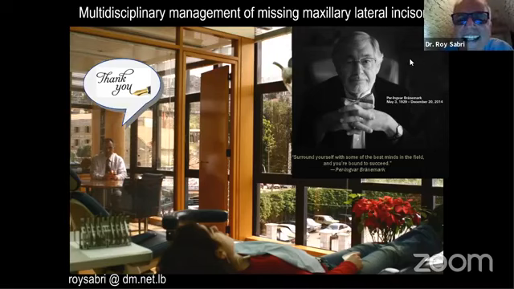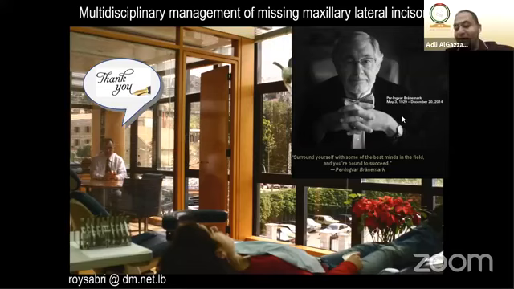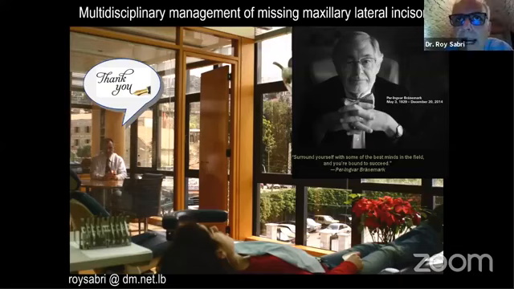Dr. Roy, do you prefer to reshape the canines, especially grinding from the tip of the canine before bonding? This is the first question. No, usually I prefer to leave the reshaping for the end, because I'm afraid I might reshape a little bit more.